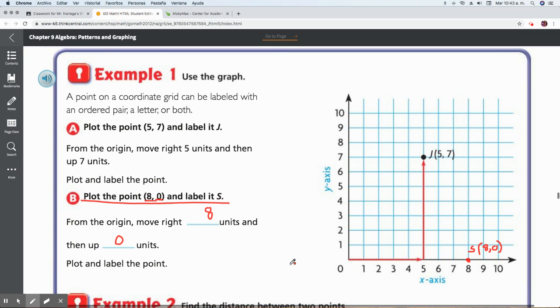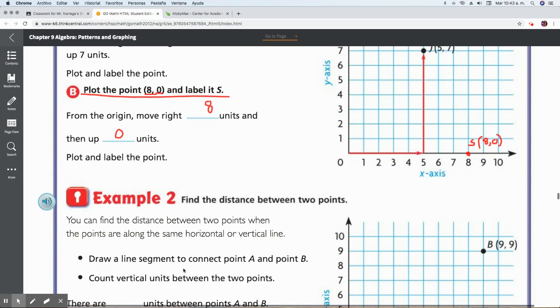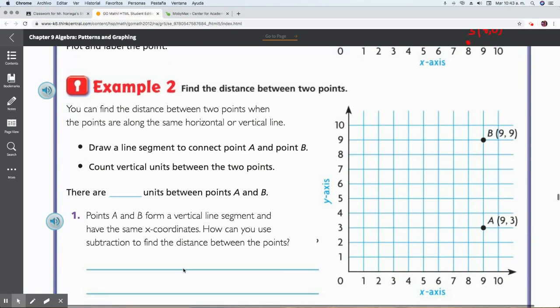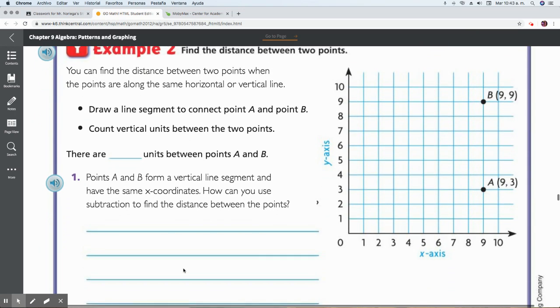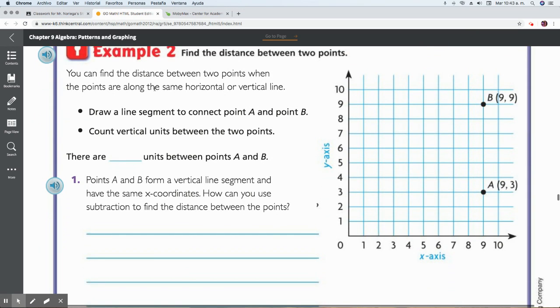Now let's move on to example number 2. Find the distance between 2 points. You can find the distance between 2 points when the points are along the same horizontal or vertical line.